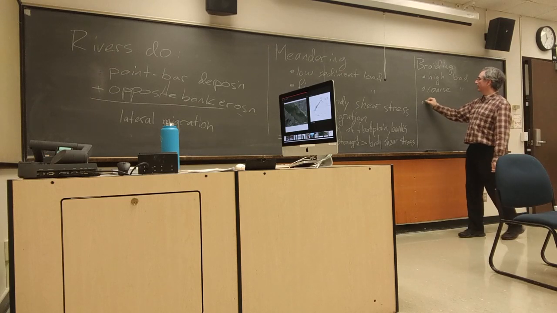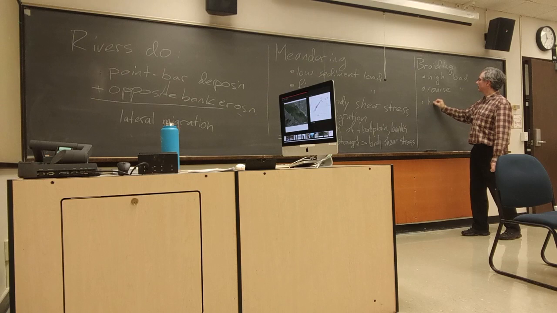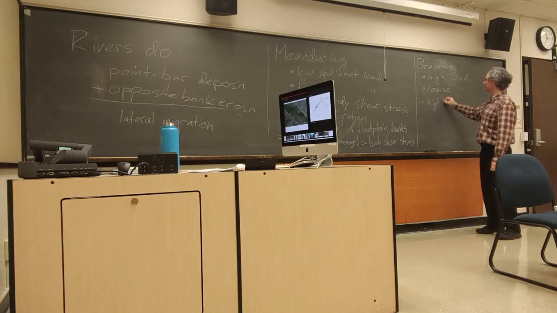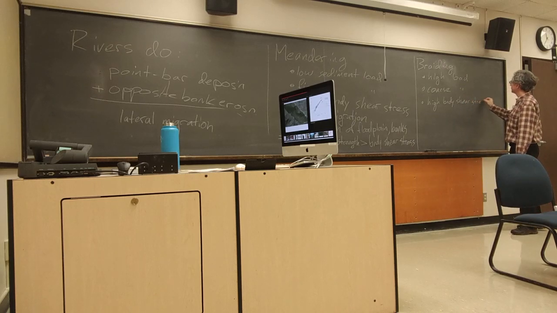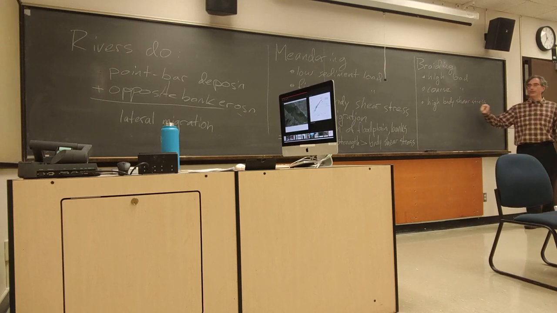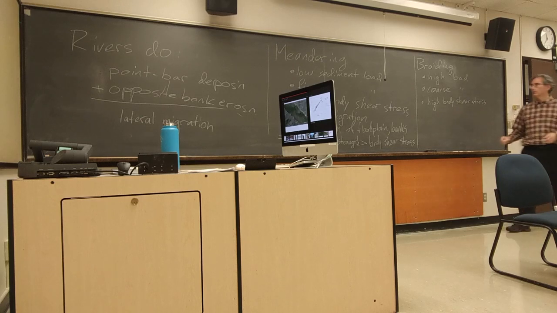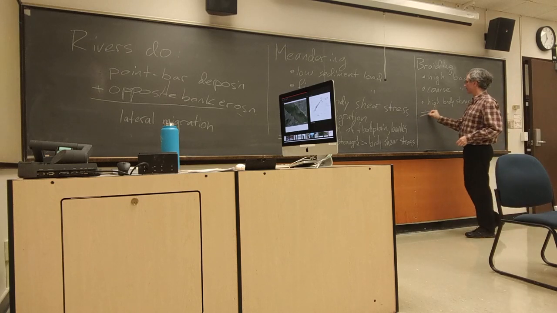And we're going to have high boundary shear stresses. Now, within the channel, that means I'm going to build bars quickly, and I've got lots of oomph to erode that outer bank. So I'm going to get fast migration.